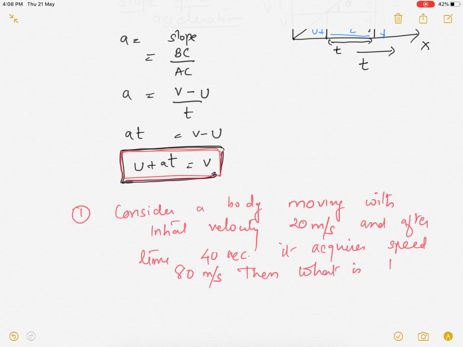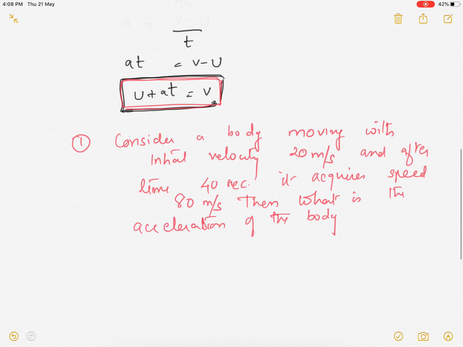Then what is the acceleration of the body? So what is the acceleration, children? You have to find what? A. You have to find A. A big question mark. Get started, do it quickly and give the answer on WhatsApp. I want to know how many of you have understood.